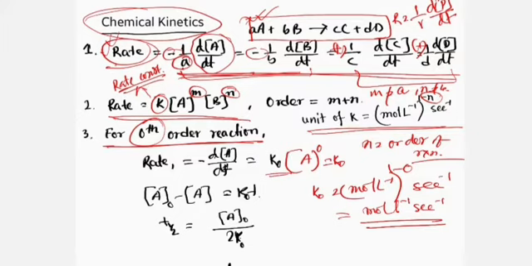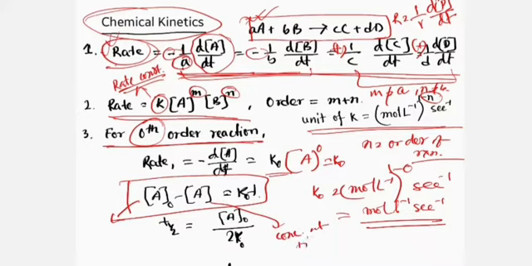And what is the rate equation for a zeroth order reaction? A0 minus A equals k0 into t, where A0 is the initial concentration of A, and A is the concentration at time t. So this is the equation for a zeroth order reaction. And what is t half? T half is basically the half-life.